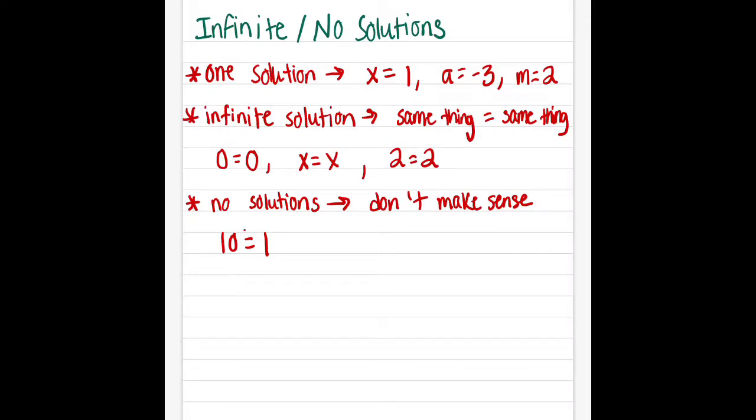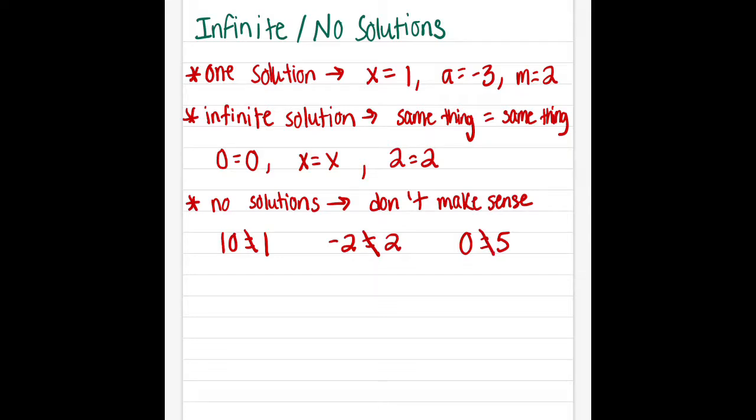That is not true. 10 does not equal 1. You could get -2 equals +2. -2 does not equal +2, so that is not true. That's not a correct solution, so there's no solution. Or you could get 0 equals 5. 0 does not equal 5.